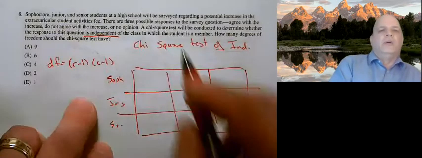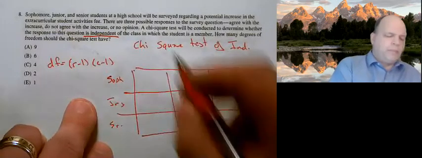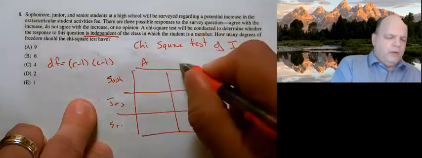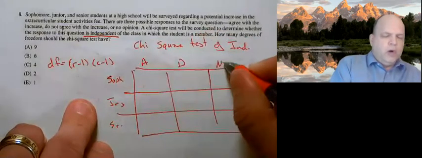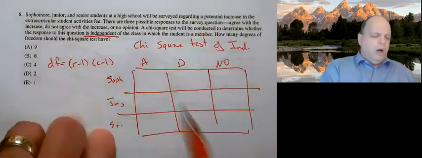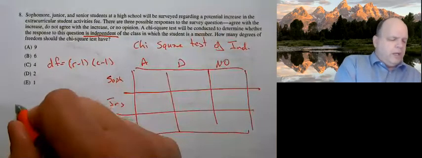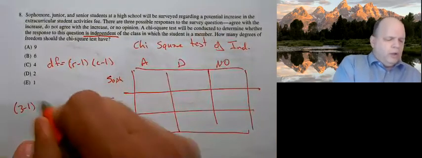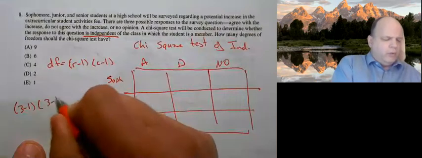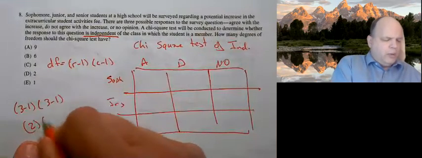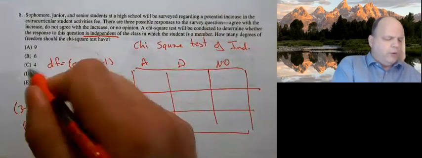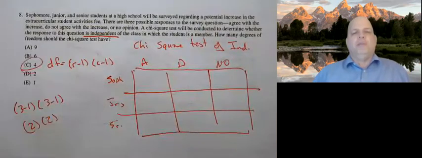And agree, disagree, no opinion. Oh, so I have 3 rows, 3 columns. So this is going to be 3 minus 1 times 3 minus 1, which is 2 times 2. My degrees of freedom in this case happens to be 4.